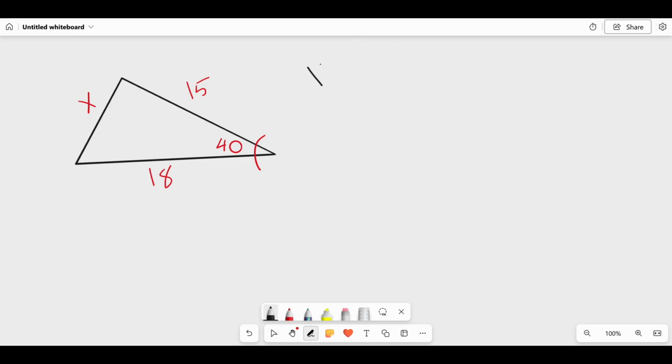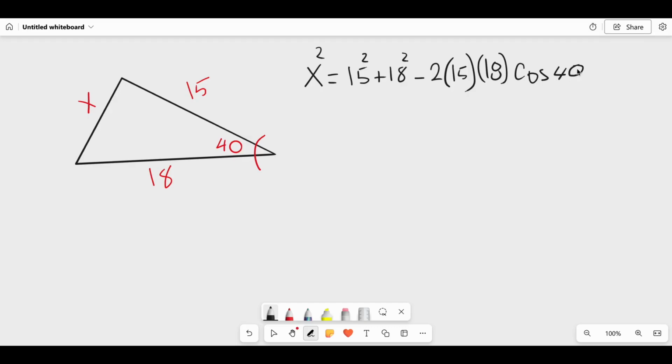So x to the power of 2 is equal to 15 to the power of 2 plus 18 to the power of 2 minus 2 multiplied by 15 multiplied by 18 multiplied by cosine of the angle 40, and we call this angle the included angle because it's the angle that is opposite to the side that we're looking for.